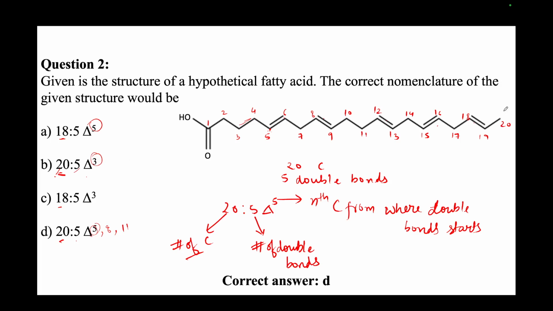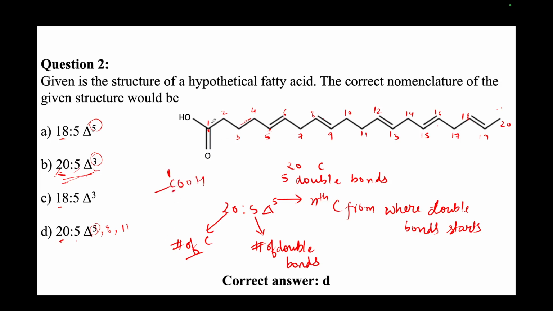So if you start numbering from here, I think you might have started numbering from here, and that's how you have gotten 3. But in this delta format, you always have to start counting from the carboxyl group, the carboxyl carbon. Since it's a fatty acid, acids have this COOH group, so the first carbon will be the carboxyl carbon.